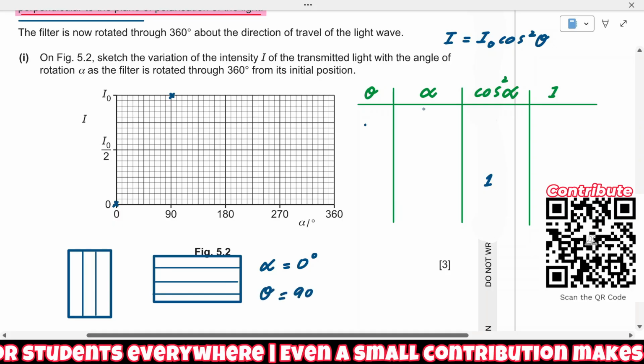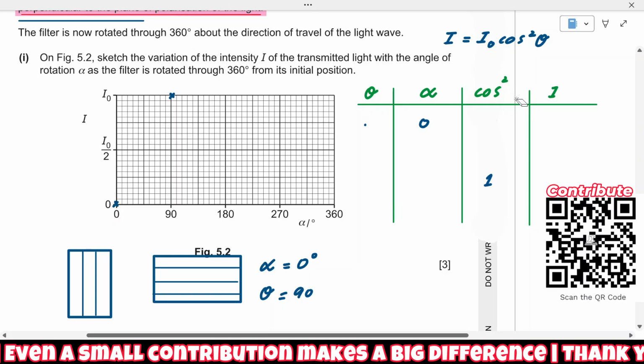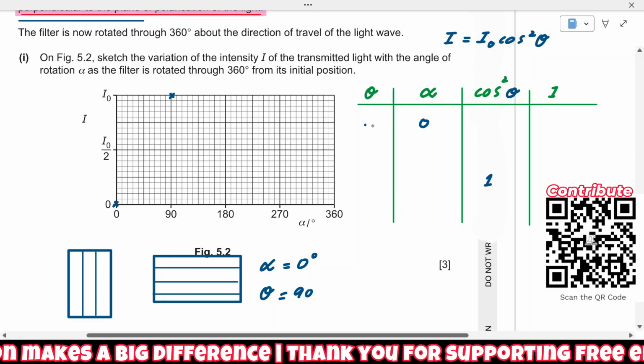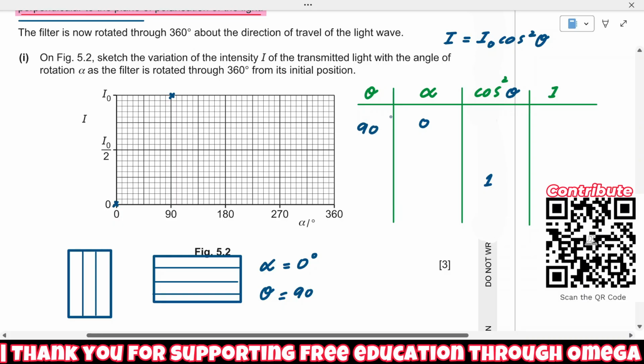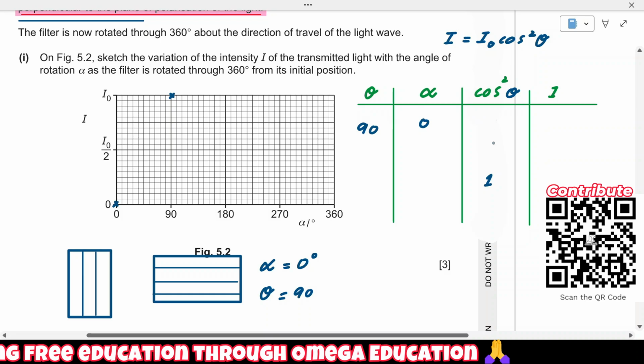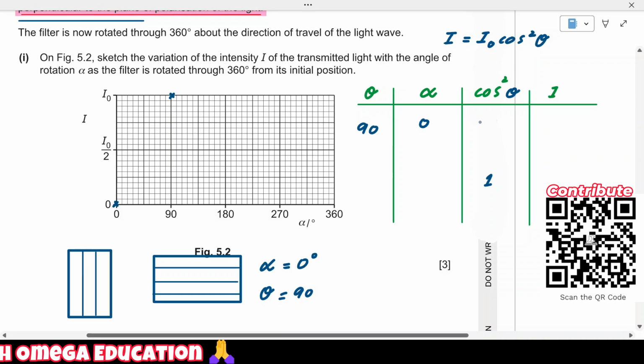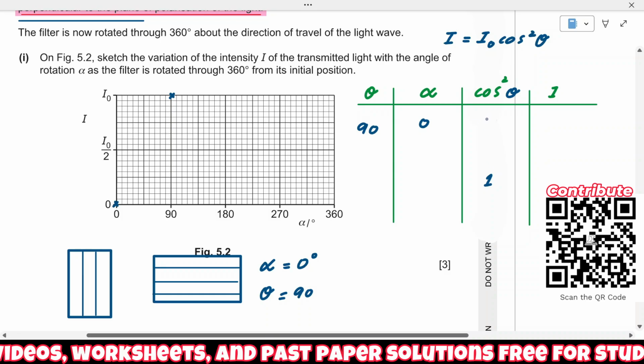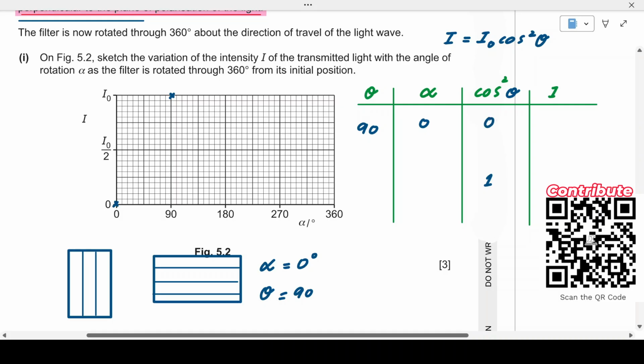So when alpha is 0, the angle theta is 90. So cos 90 will be 0. I will also be 0.